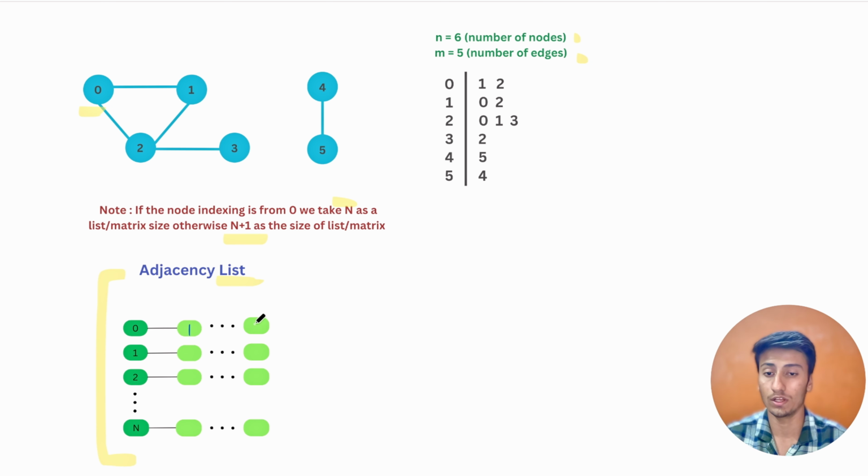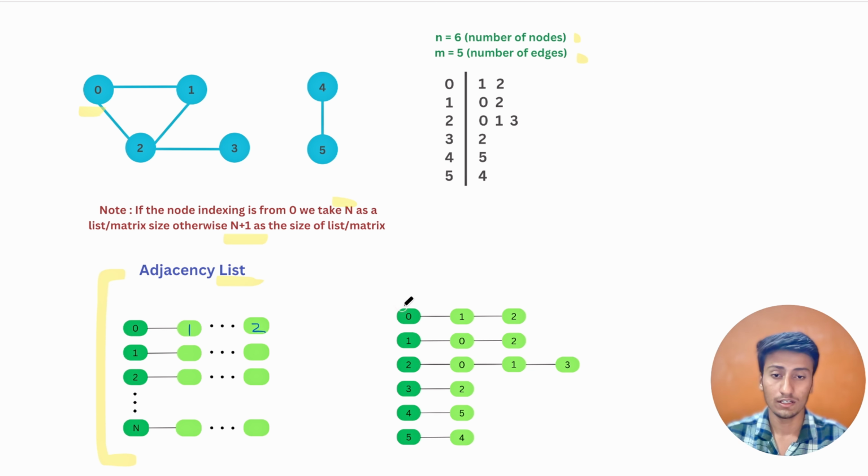Over here we can add 1, and here it will come as 2. So this way we will make a list of lists, storing the first list as the nodes and the nested list, the second list, as the second nodes. Let's see how our list will look for the above example.